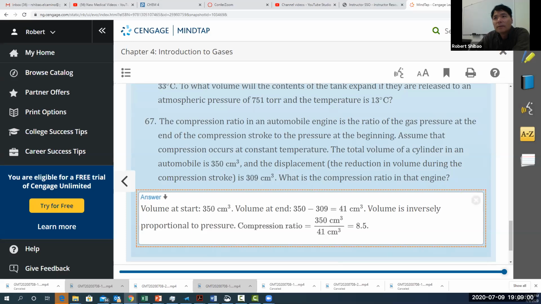This is what you have to be careful with, misreading this. The total volume of a cylinder in an automobile is 350 cubic centimeters, and the displacement, the reduction in volume during the compression stroke.